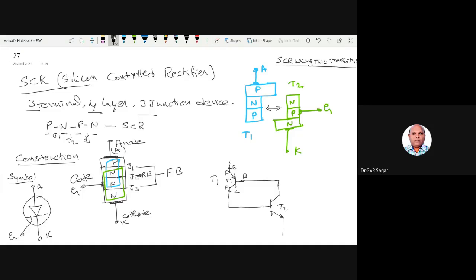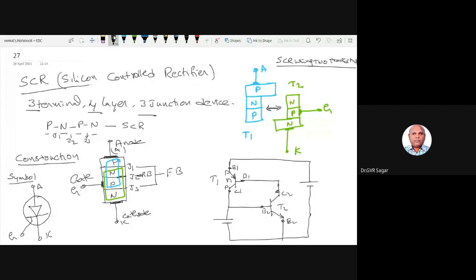And in between we have to apply the bias voltage of V. So this is emitter E2, B2, and C2. This is B1, E1, and C1.